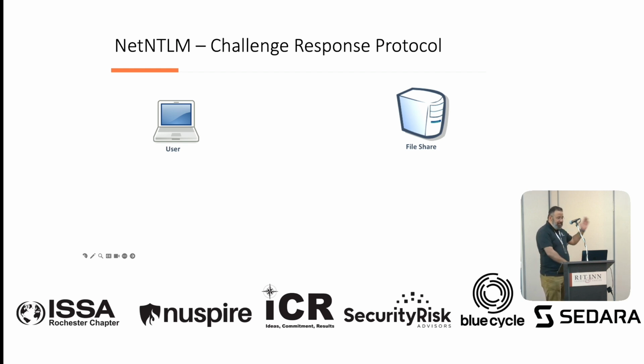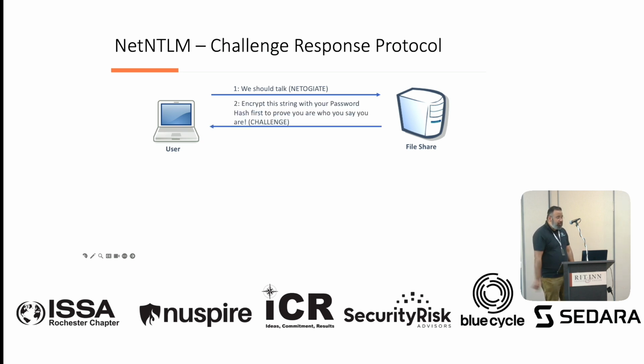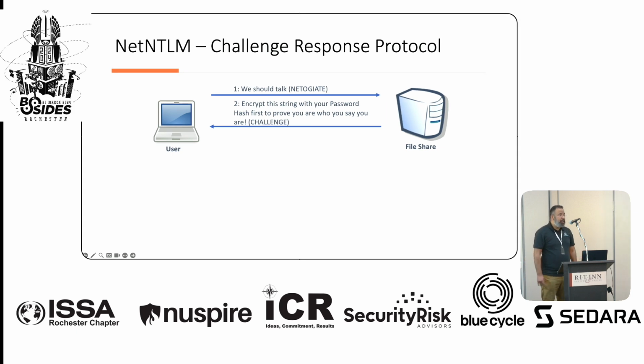If I want to access a file share, I am going to start the negotiation. The file share says, well, I don't have your hash, I don't have your password, so why don't you take the challenge I'm giving you? In this case, it usually is the current timestamp. So here's the current timestamp. Why don't you encrypt that using your hash, your NT hash or LM hash, depending on the version of NetNTLM, right? So encrypt the current timestamp with your password hash and send it back to me.